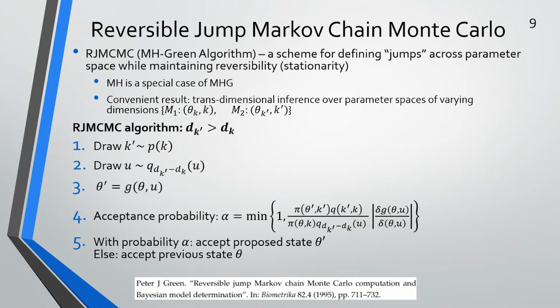And we still have a mechanism for defining an acceptance probability appropriately so that we do guarantee asymptotic sampling from our correct unnormalized posterior distribution. So I don't want to talk too much about reversible jump Markov chain Monte Carlo. I really just wanted to introduce the conceptual idea behind this.